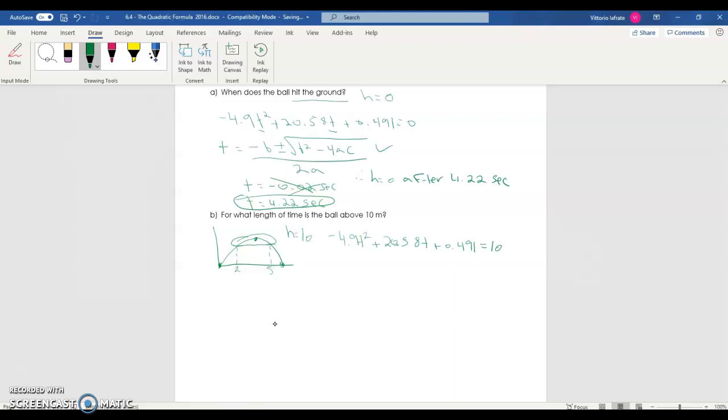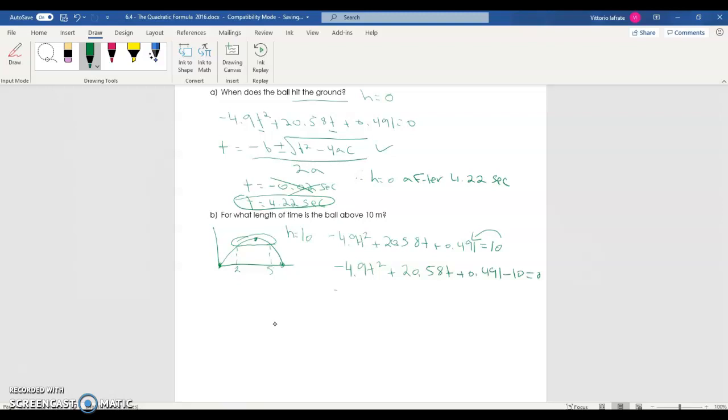And then you're going to send this 10 to the other side, and you're going to get an equation that looks like this: negative 4.9 t squared plus 20.58 t plus 0.491 minus 10 is equal to 0.